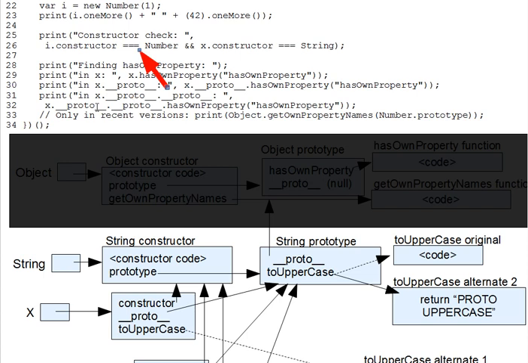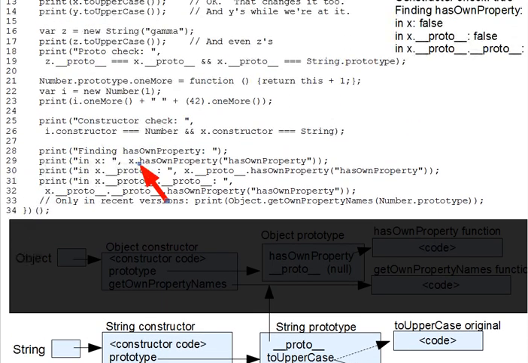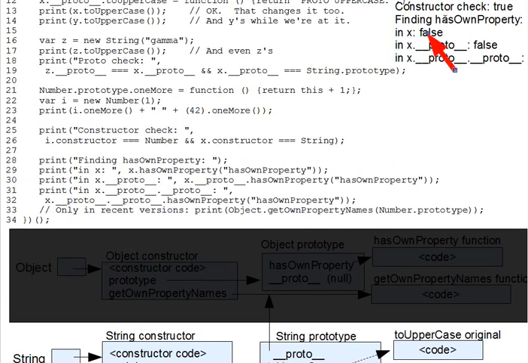Now, we said earlier that all objects have a hasOwnProperty method, but using that method to check for its own presence, as on line 29 here, produces false, as you can see in the output up here. That really shouldn't be a surprise by now. X.hasOwnProperty is probably in X's prototype.